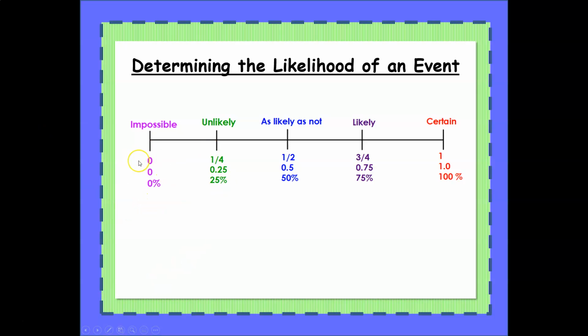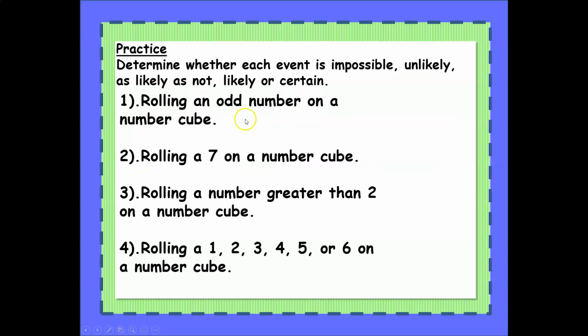So we're going to look at some probabilities and determine their likeliness. So rolling an odd number on a number cube. So you have 1, 3, 5 on a number cube that are your odd numbers out of 6.